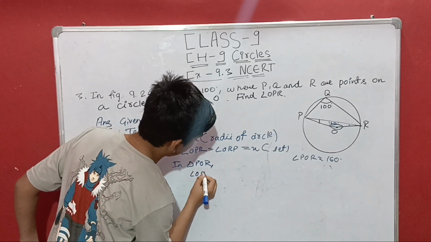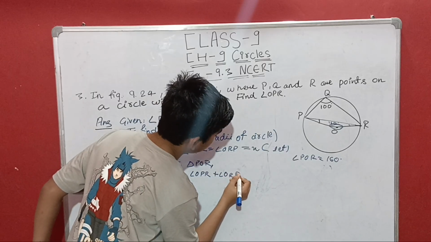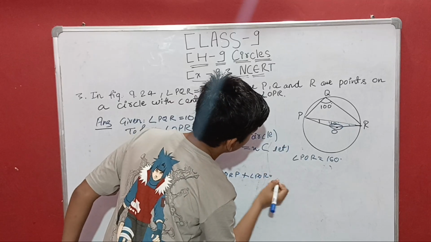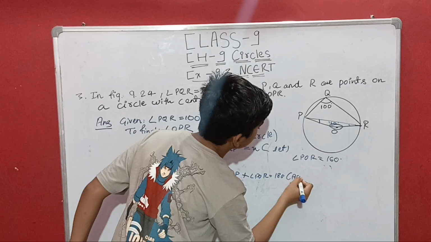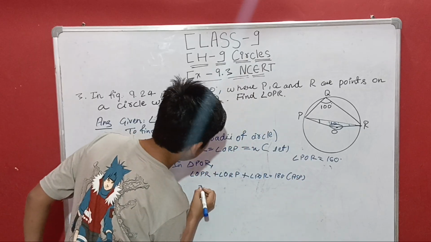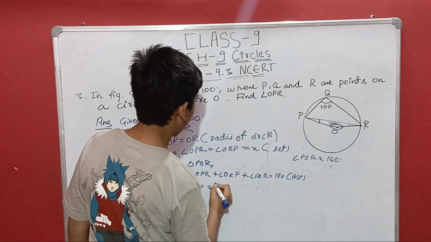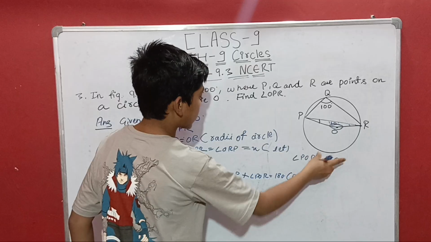Angle OPR plus angle ORP plus angle POR is equal to 180 degrees. Why? Because of the angle sum property of a triangle. What is angle OPR? This is x. This is also x. And this is 160 degrees.